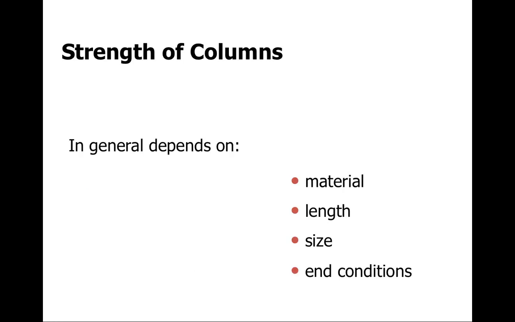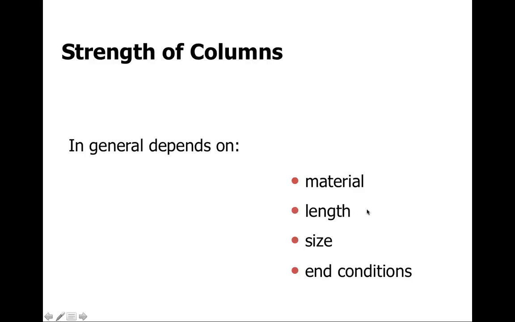Some of the considerations with columns is, number one, what kind of material are you making it from? A column could be a material such as steel, or it could be concrete, or we might even have columns made of wood.